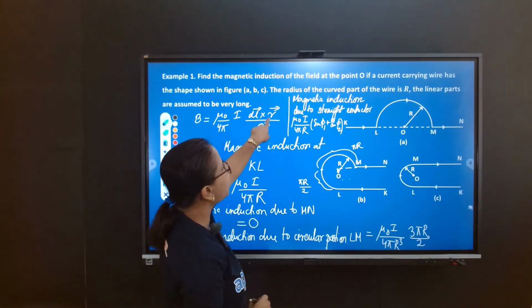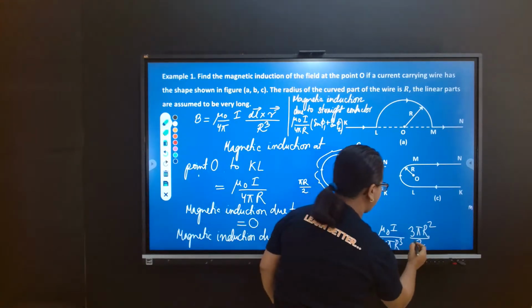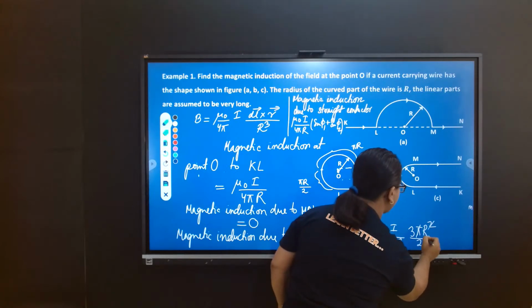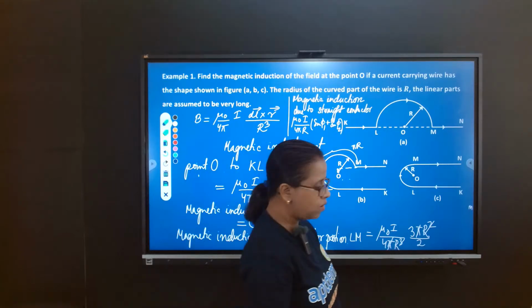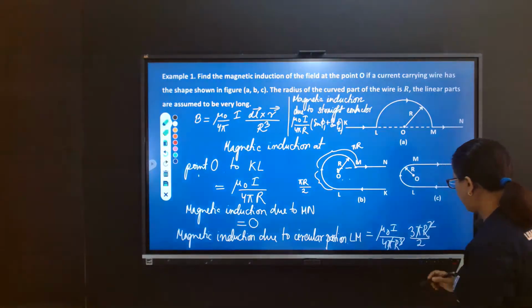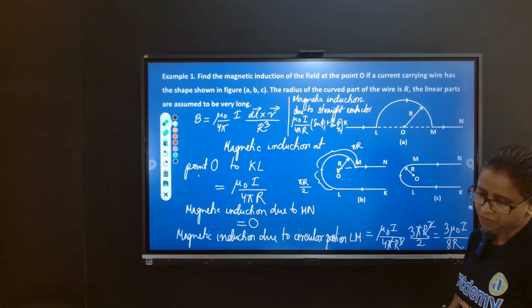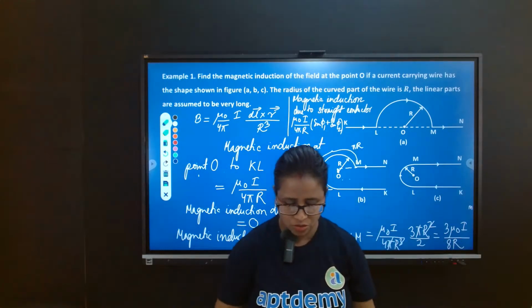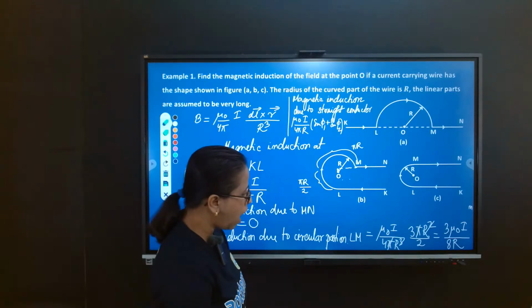And we have another r coming up. So we have r square over here. Now if we cancel out the common terms, this will amount to 3 mu naught I by 8r.